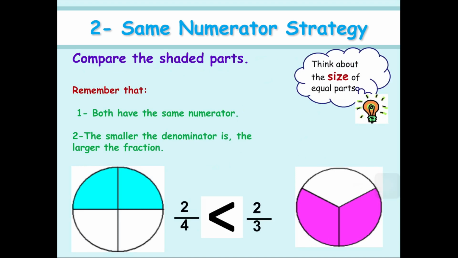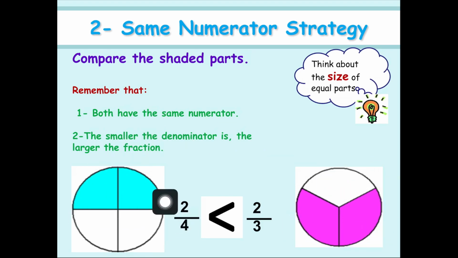All right, we need to compare the shaded parts when we're doing the same numerator strategy. We need to think. Both have the same numerator. The smaller the denominator is, the larger the fraction. So if I have a small number as my denominator, that means my pieces are larger. If my pizza is split into 3 pieces, I'll get a large piece.